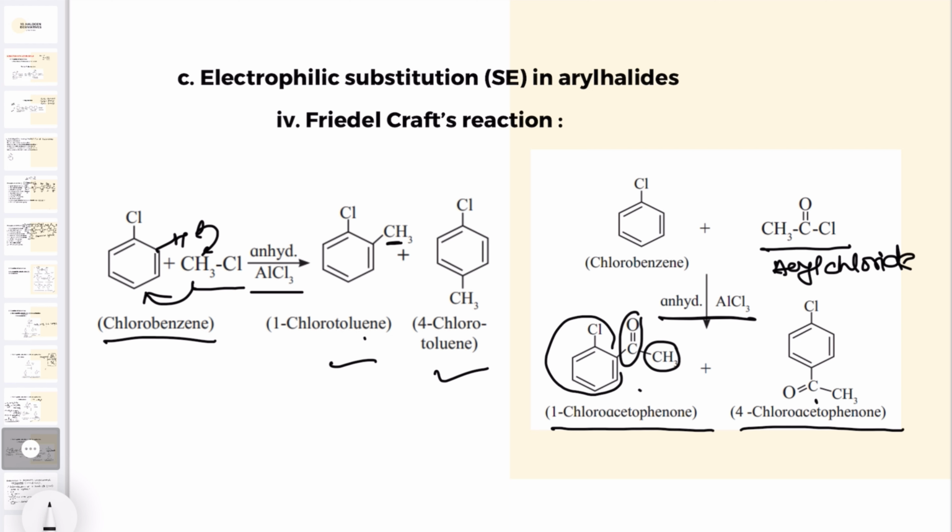Because this is R, CO and this is R. RCOR is our ketone, so ketone is the parent here. The parent is phenone, that is the benzene ring is the phenyl ring. So phenone is the parent. Then to this an aceto group is attached, CH3CO is your aceto group, and the chloro position is numbered. So 4-chloroacetophenone. These two structures are formed. Okay. In this way, all our reactions are over.